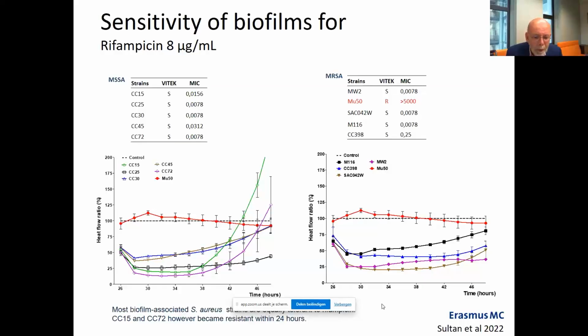So most bacteria are affected by rifampicin, yet they're not dead. We cultured them after the incubation in this machine, and then we could clearly see viable bacteria. Unfortunately, in 2 cases, we see resistance popping up already within 24 hours after treatment.